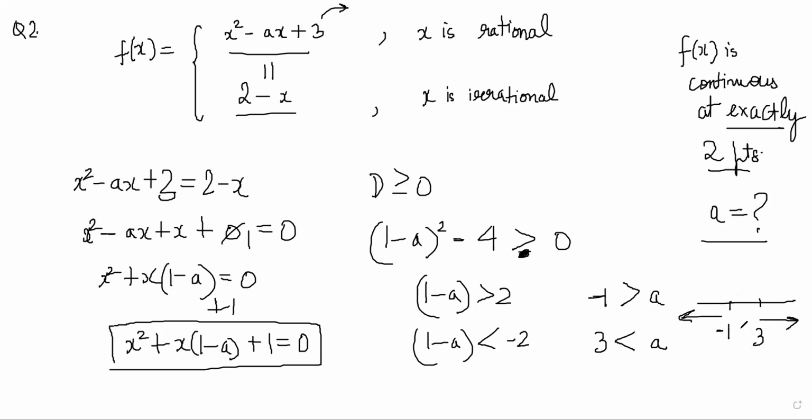These are the possible values of a for which you will have continuity at exactly 2 points. So there is an infinite set of values of a actually, and since he didn't say anything, the answer will probably be in terms of a set of values of a, right?